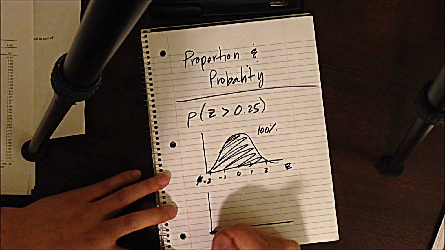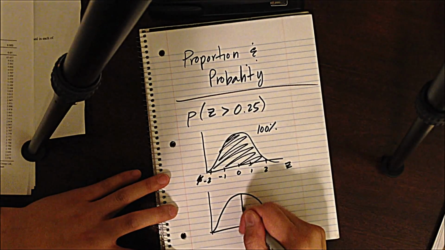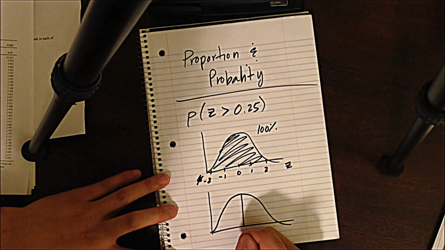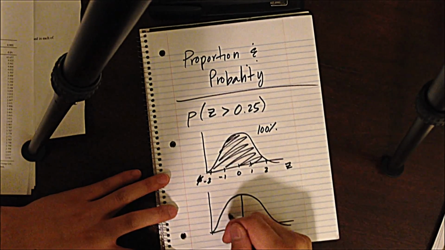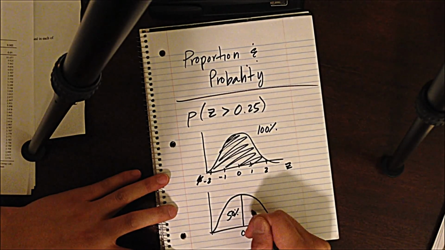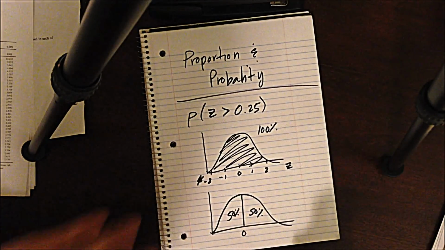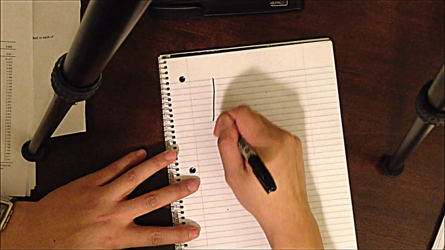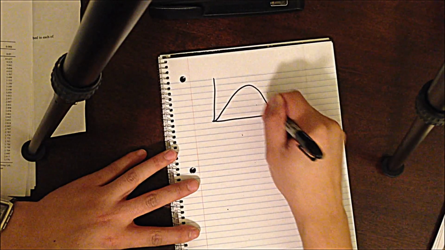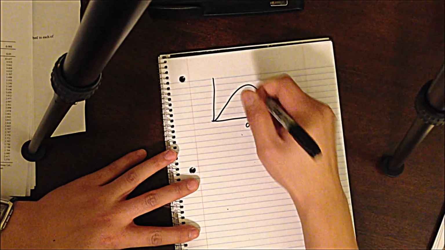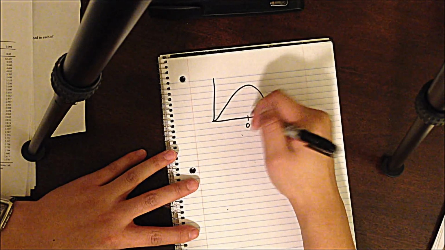Now let's draw this again. What if I cut this in half? Zero is here. So this will be 50% here, 50% here, right? Let's draw it again. So this is 0, and half of this is 50%.